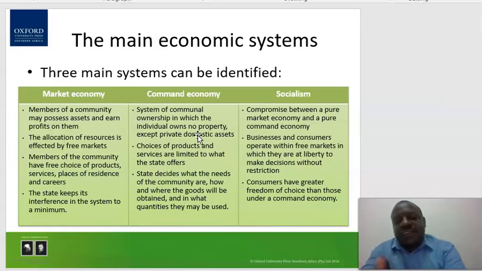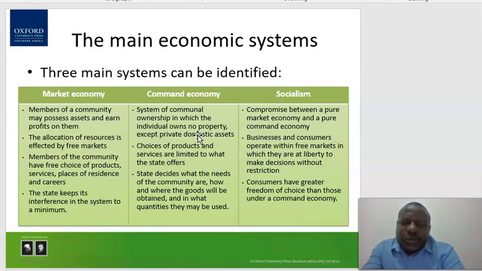This particular slide shows the characteristics of the three main economic systems. You can go through them on your own, and I advise you to also read the textbook.